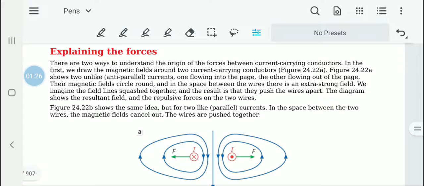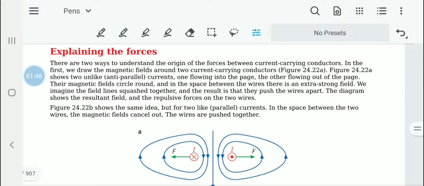The first one is we have magnetic fields around two current carrying conductors, but they show two unlike currents, that is anti-parallel. So that means one going into the page, the other one flowing out of the page.